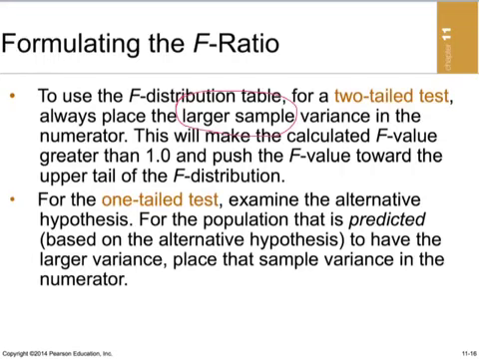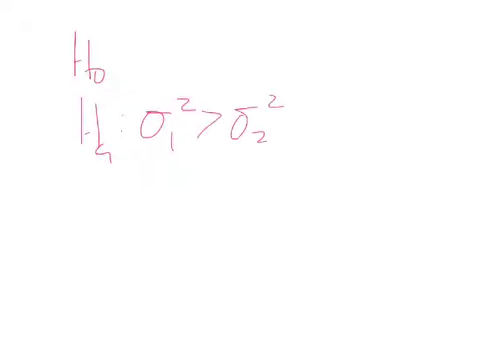So it really doesn't matter. For example, let's say we want to test HA, say we were doing a test as follows: sigma 1 squared is greater than sigma 2 squared, and over here we have sigma 1 squared is less than or equal to sigma 2 squared.